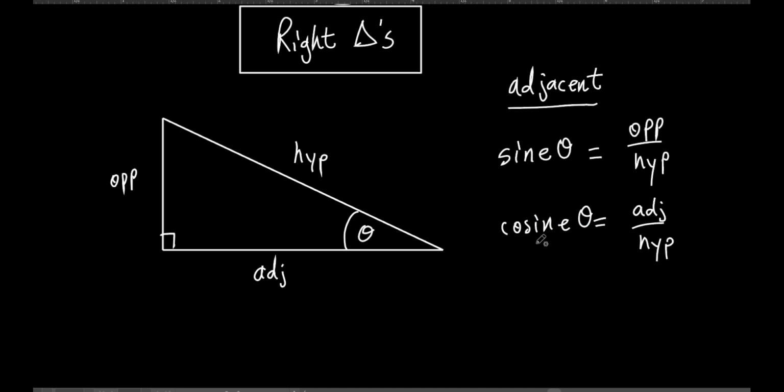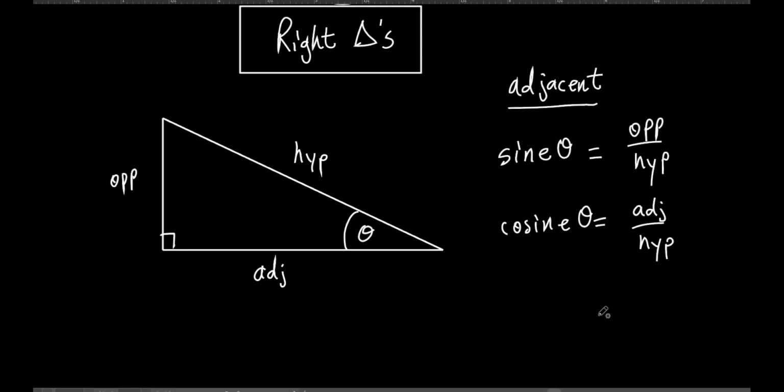You're not just going to say the cosine equals. It's always the cosine of an angle, because the adjacent side depends on which angle you're dealing with. So if I'm dealing with this angle, this is my adjacent side. If I was dealing with this angle up here, then this would be the adjacent side. All right, so it really matters which angle you're talking about.